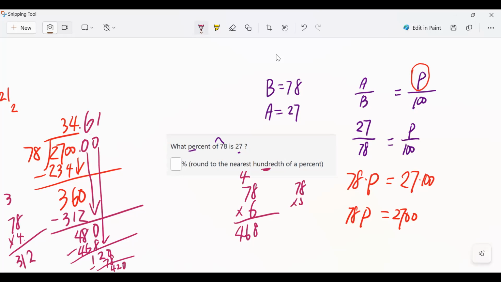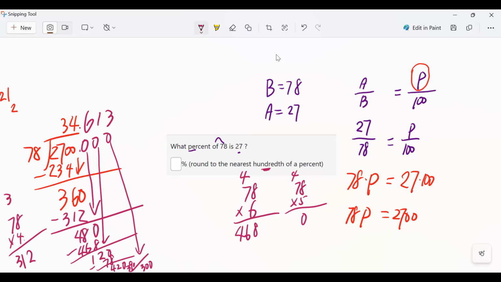78 times 5, 5 times 8 is 40. Carry over 4. 5 times 7, 35, adding 4, 39, 390. The remainder will be 30, right? Then add another 0, and 78 going into 300. I think that's going to be 3 times.